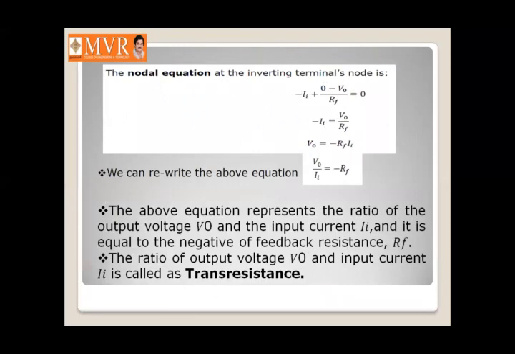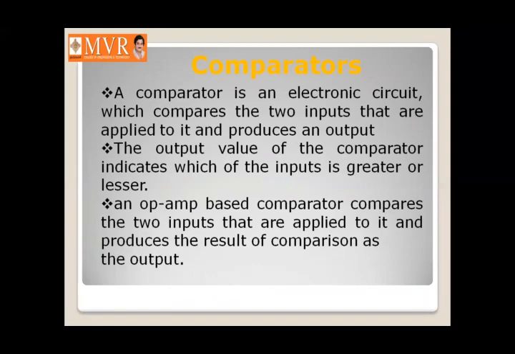Here, by seeing this output, you can observe that input current II is equal to V naught by RF. From this equation, we can say that the input current is proportional to the output voltage, where RF is a constant value, and this circuit is also called a trans resistance amplifier.